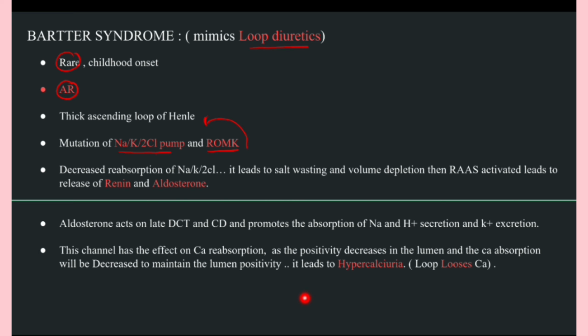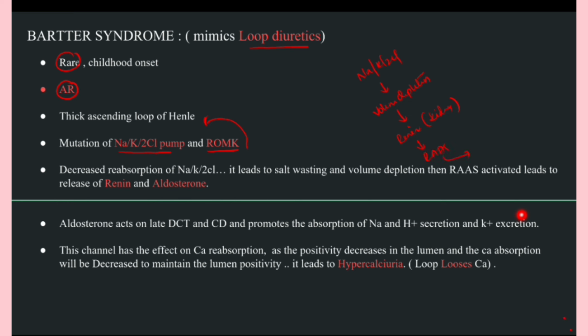So if there is a mutation in the sodium, potassium, and 2 chloride channels, it leads to loss of these electrolytes in the urine. It leads to volume depletion, and it activates renin from the kidney, and this renin in turn activates the RAS mechanism.